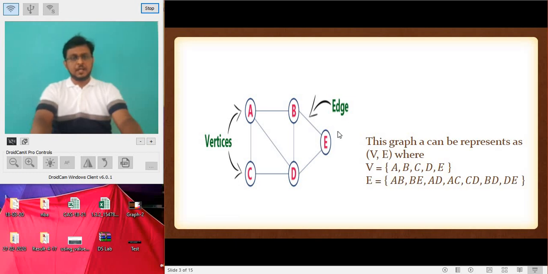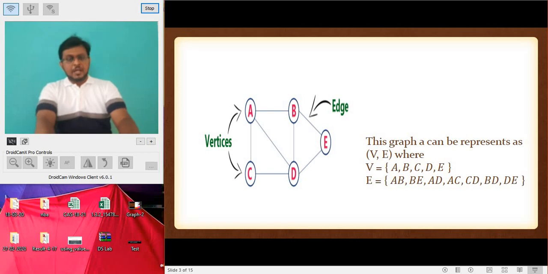The vertices A and B are linked together by an edge called AB. Similarly, B and E are linked together by an edge called BE. In the same way, AD, AC, CD, BD, and DE are the different edges represented within this particular graph.